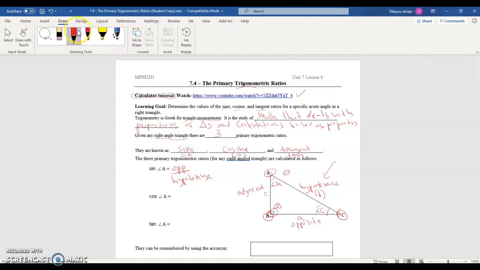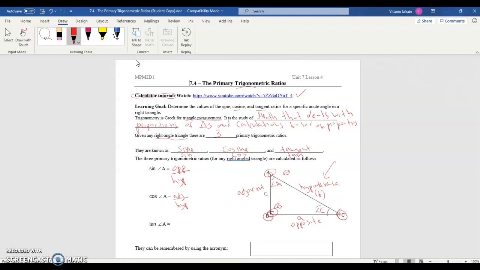And we can abbreviate hypotenuse as HIP. The cos of angle A is going to be the adjacent side over hypotenuse.